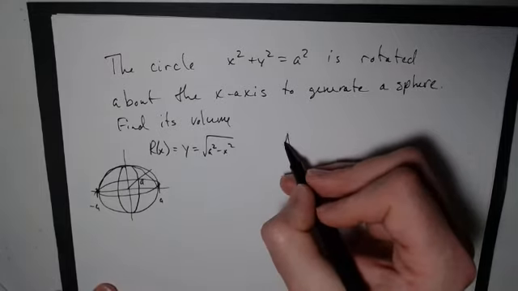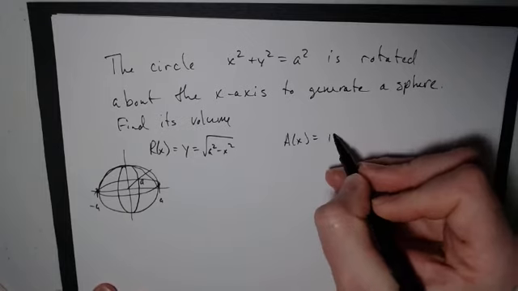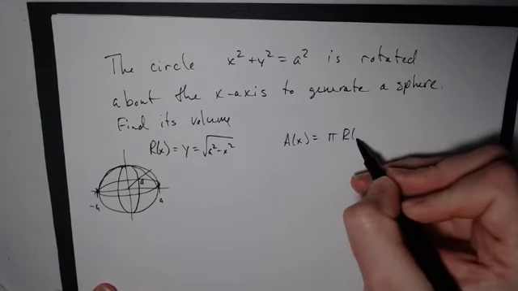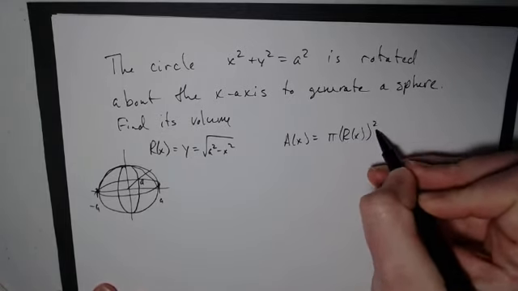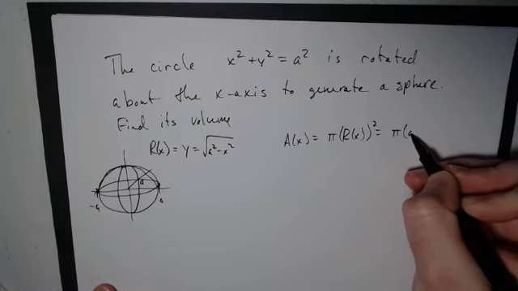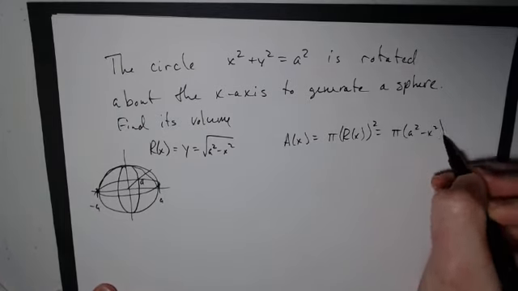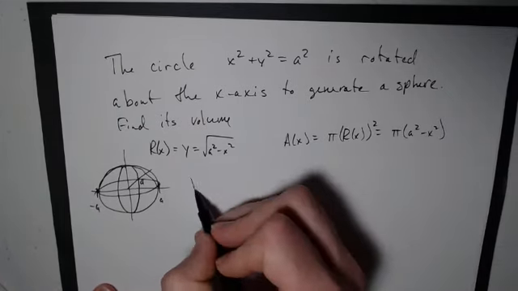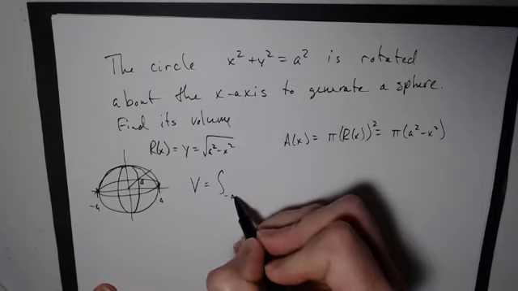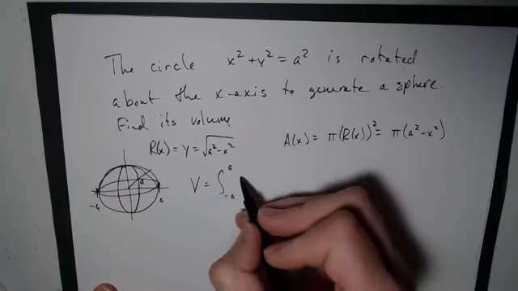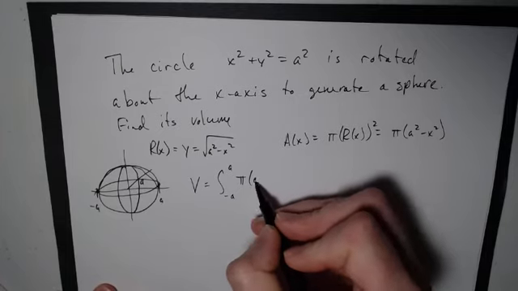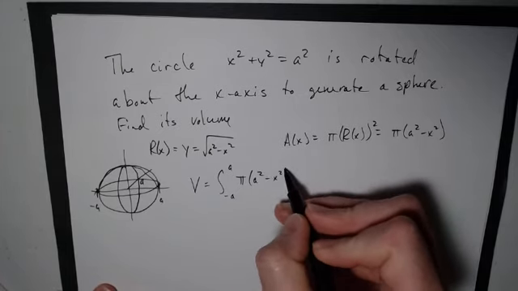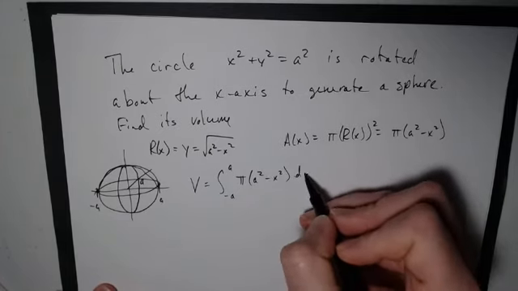So then A of x is just equal to pi times r of x squared, so that's pi times a squared minus x squared. And our volume is the integral from minus a to a of pi times little a squared minus x squared dx.